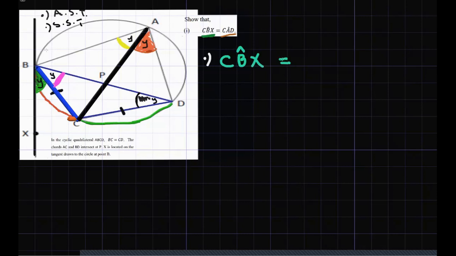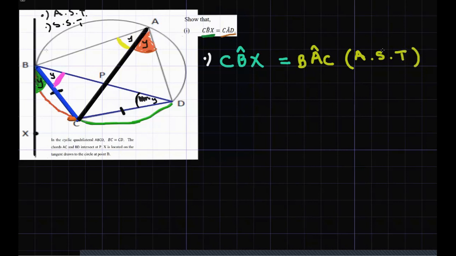The yellow angle's name is BAC. And why did we say those two are equal? What was the theorem? Alternate segment theorem. That's what we write within the brackets.